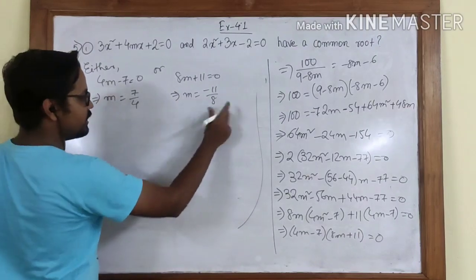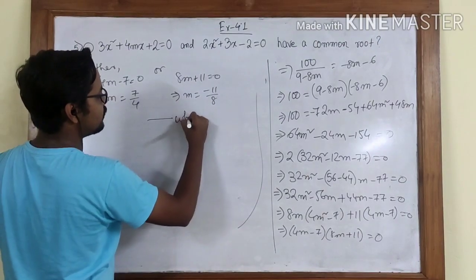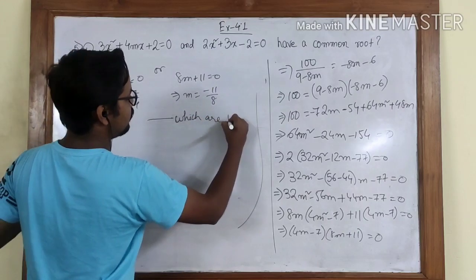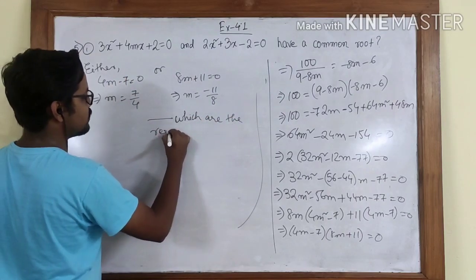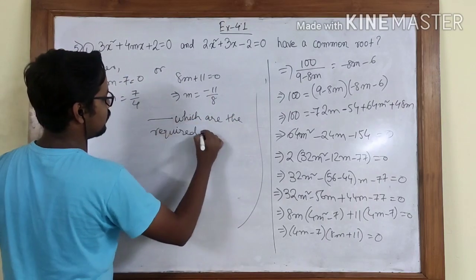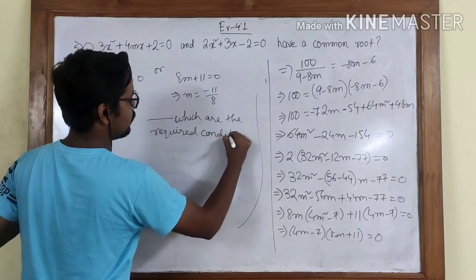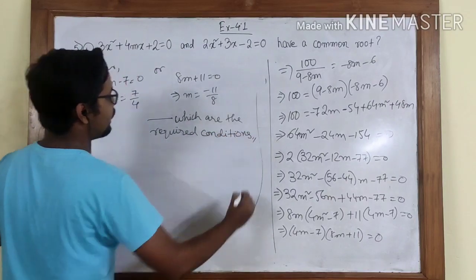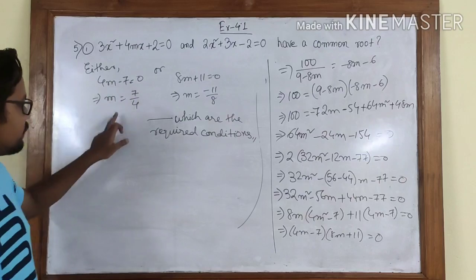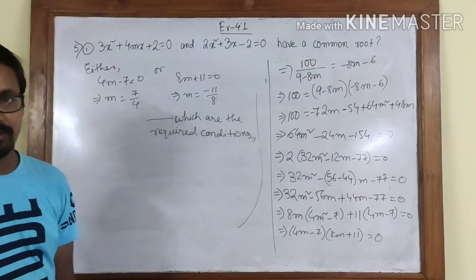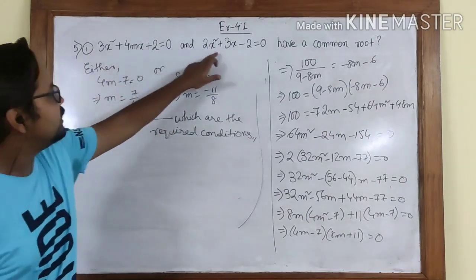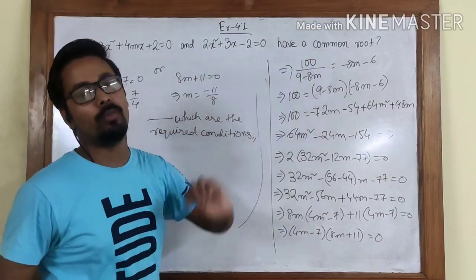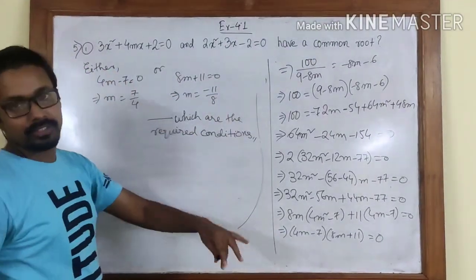Either this or this. So if m is equal to 7 by 4 or m equal to minus 11 by 8, then only these two equations can have a common root. So that is how you solve this type of equation.